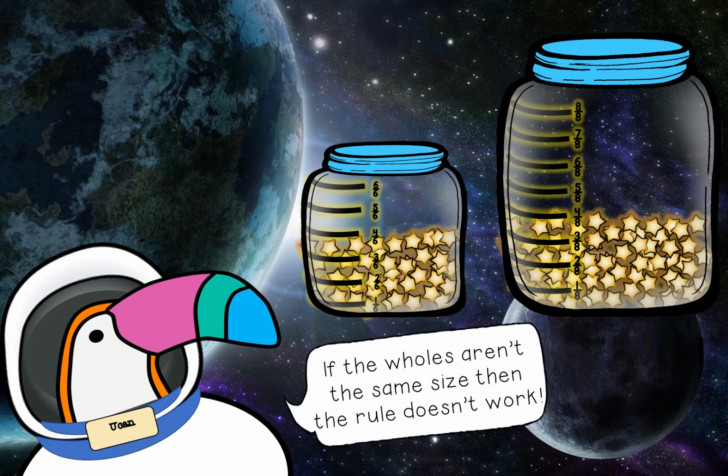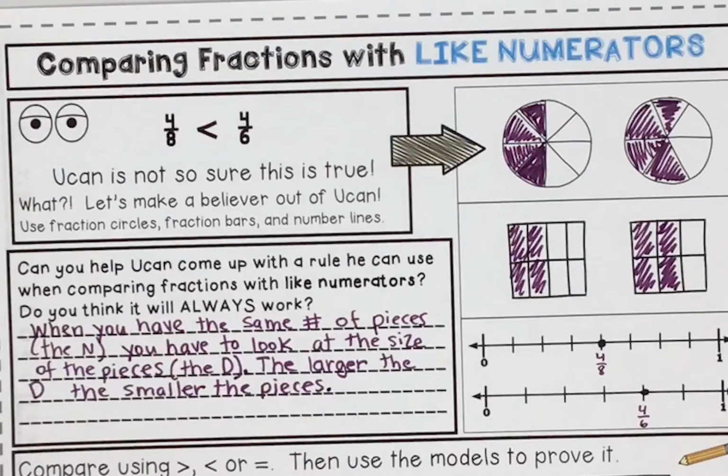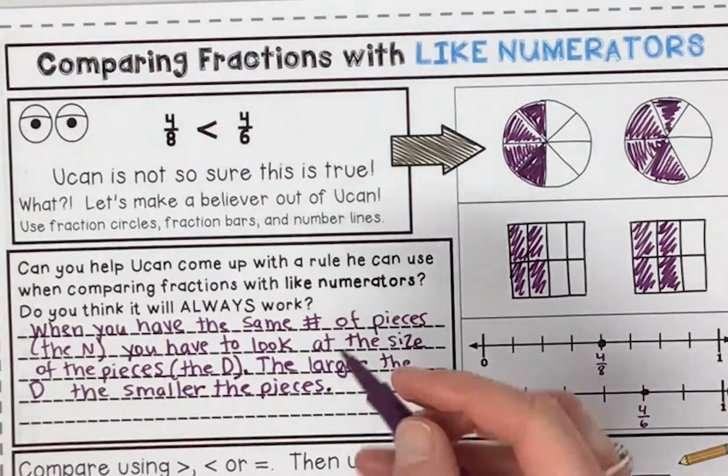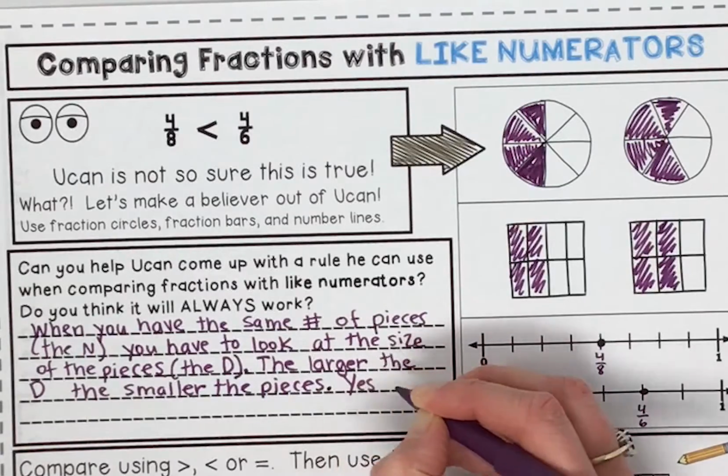Toucan: the size of the whole matters, so the rule will work as long as your wholes are the same size. Does the rule always work? It does! Yes!